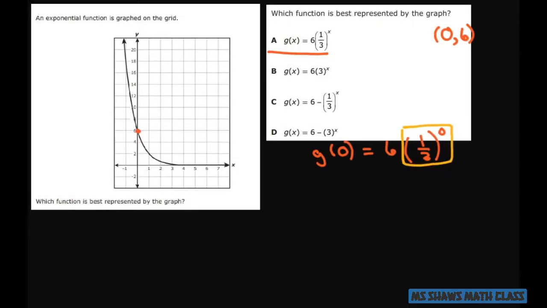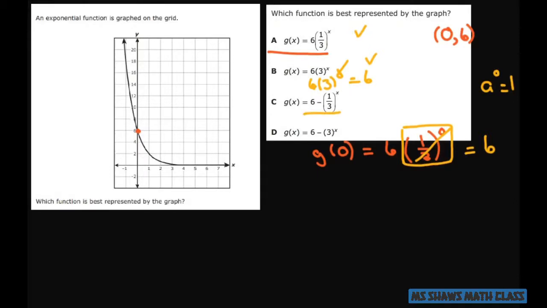That equals 1. Anything to the 0 power equals 1. So that does equal 6. If you plug this one in, you're also going to get 6 times 3 to the 0. That's also going to equal 6.